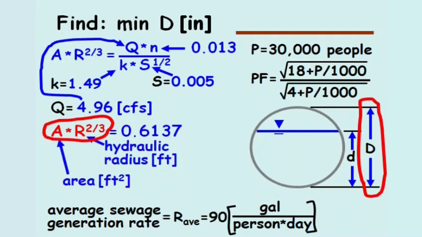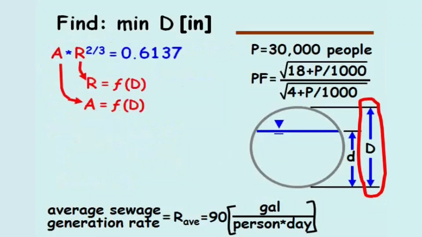Now it's time to develop an expression for the left-hand side of the equation in terms of the pipe diameter, capital D. We can divide and conquer this problem by solving for the area and hydraulic radius separately.